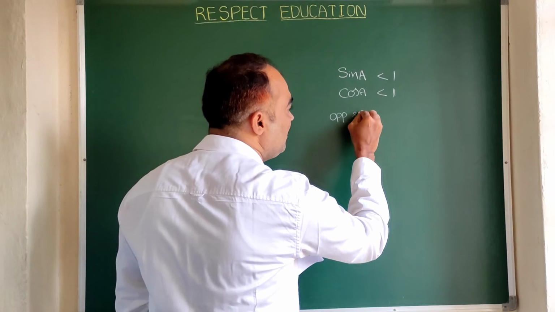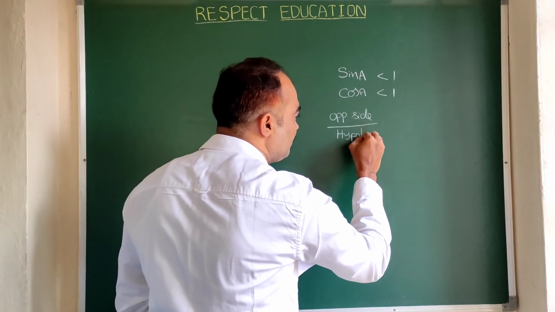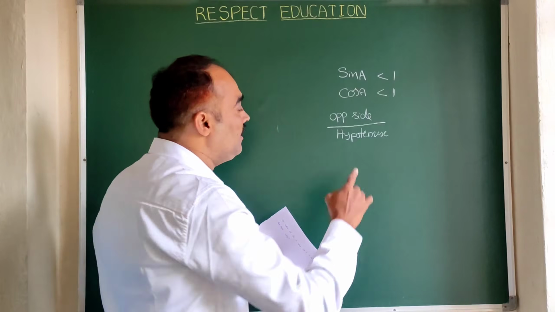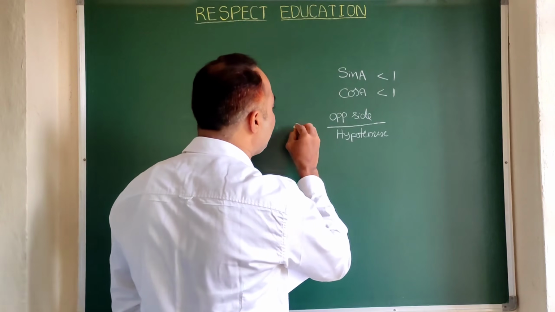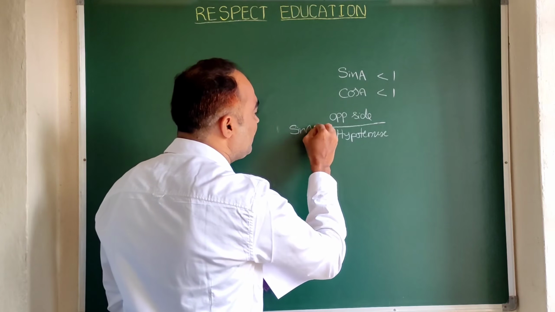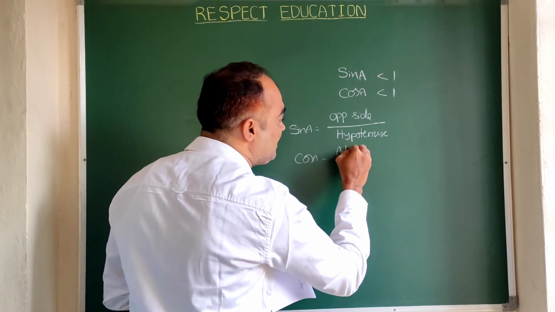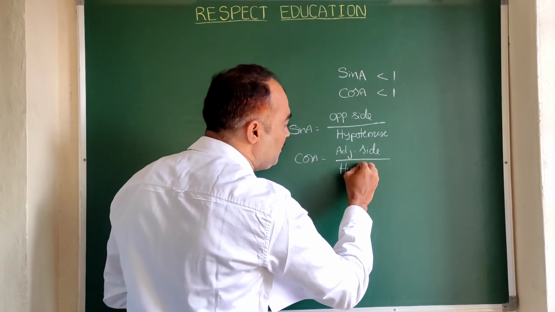Opposite side to theta by hypotenuse. And moreover, let us see cos A also. What is the formula of cos A? This is sin A, this is cos A. Cos A is adjacent side to theta by hypotenuse.